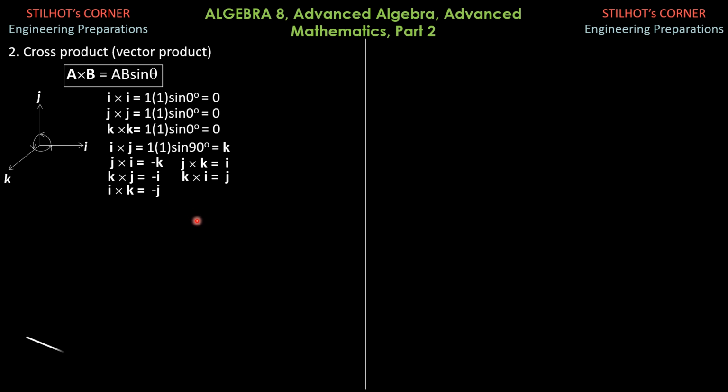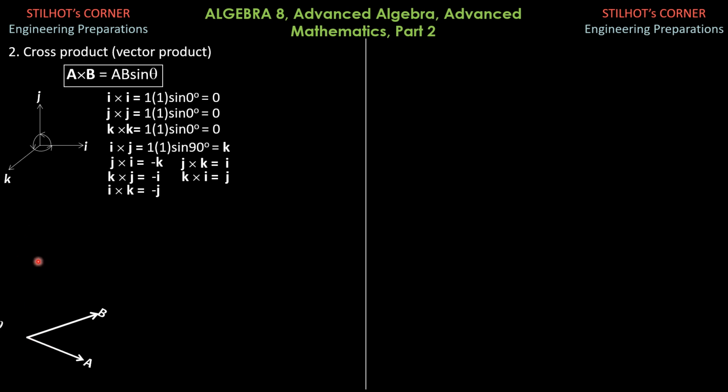Then what's the geometric interpretation? So this is vector A, vector B. Now, position your four fingers towards the A direction, then curl them towards the B direction. As you curl them towards the B direction, notice that your right thumb, which is perpendicular to the plane of A and B, will be pointing in that direction.